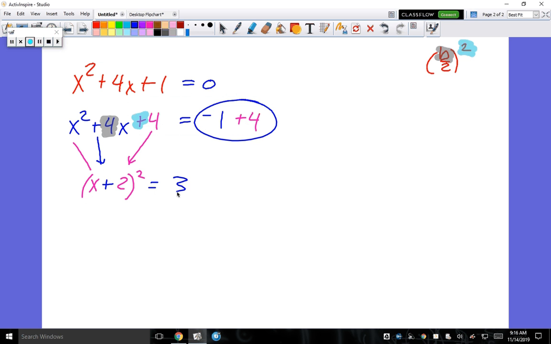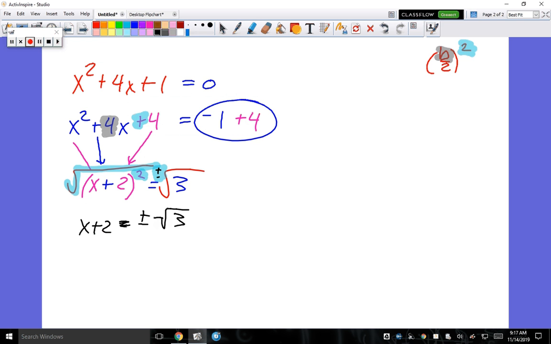Next step, we're going to take the square root of both sides, which means this cancels that, square root will cancel that squared. Just remember, we have to put what there? Positive and a negative. It's very close to the quadratic formula. Very, very close. So I'm left with x plus 2 is equal to the plus and minus form of square root of 3. Okay?